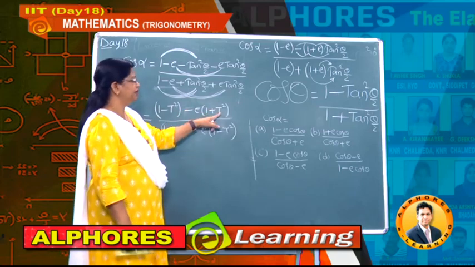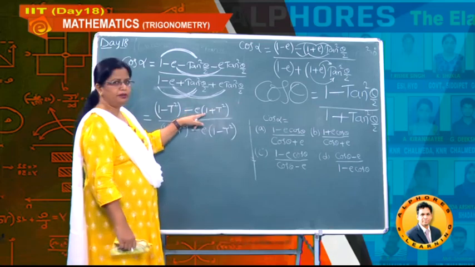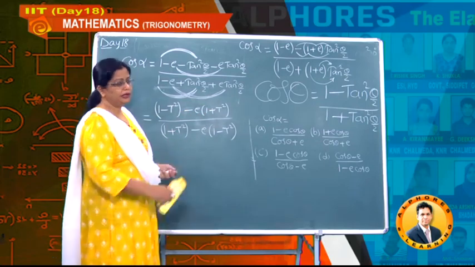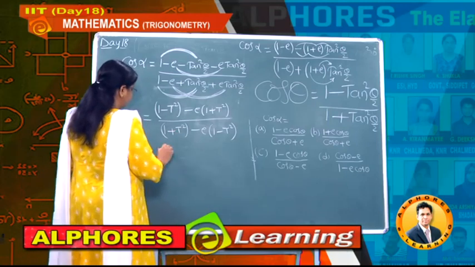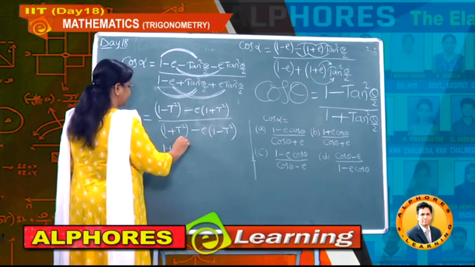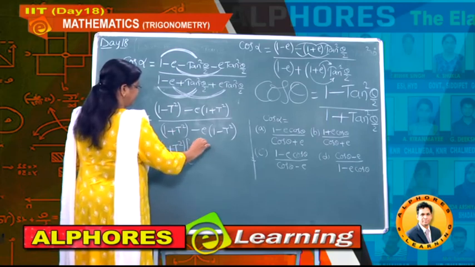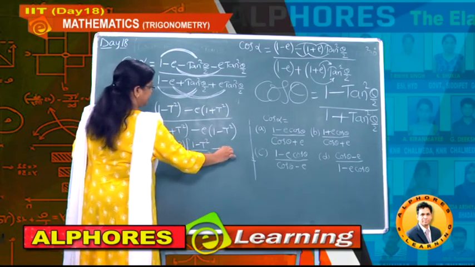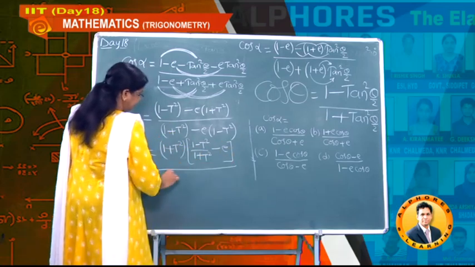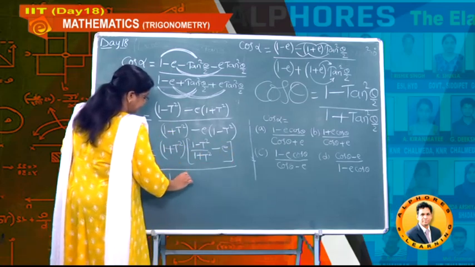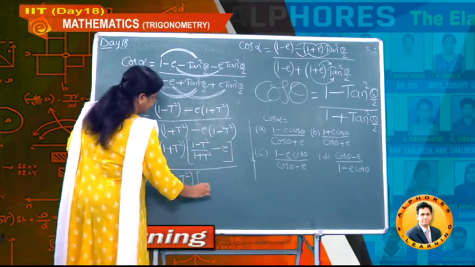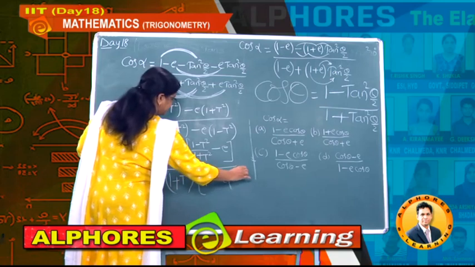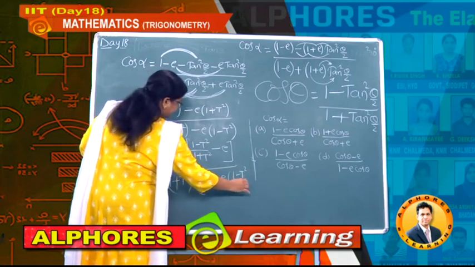Therefore, you need to take which value common here? 1 plus tan square from the numerator as well as from the denominator. Then what will happen? It is 1 plus tan square into 1 minus tan square by 1 plus tan square minus e, and whole divided by the denominator 1 plus tan square again common, then here 1 minus e into 1 minus tan square divided by 1 plus tan square.